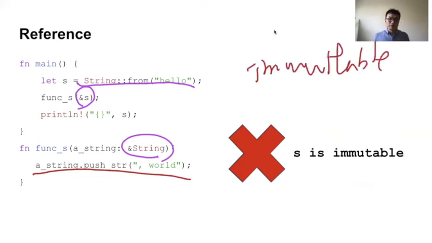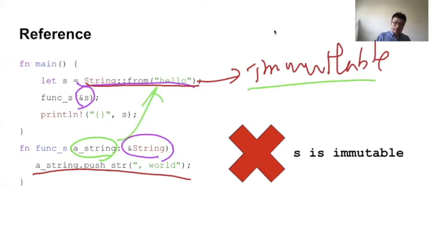So you cannot just update an immutable string, right? When you pass this string, it is immutable. Even though you give the ownership to a_string and print out the same string, it's still immutable. And if you try to change it, it means you want to change immutable data. So this causes a problem, right?